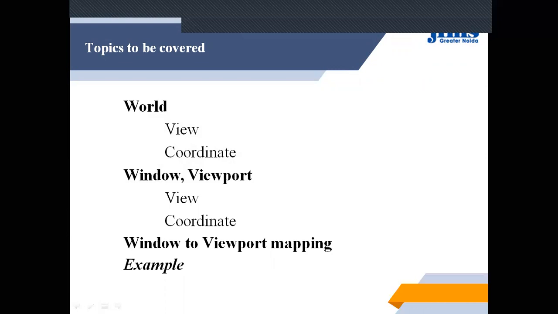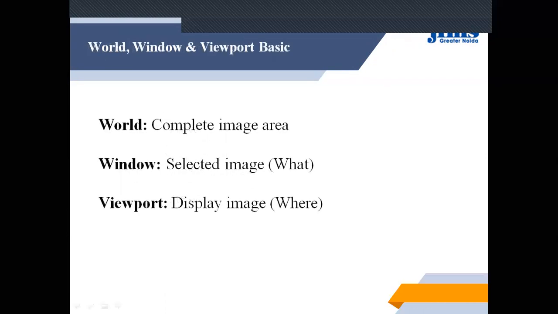Later we will discuss the mapping of an image or object from window to viewport. And in the last we will discuss an example based on window to viewport mapping. So let's start from the basics of window to viewport.